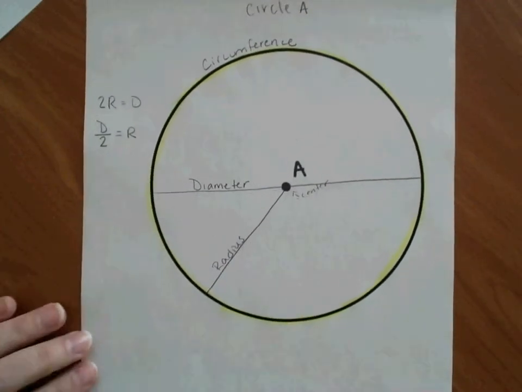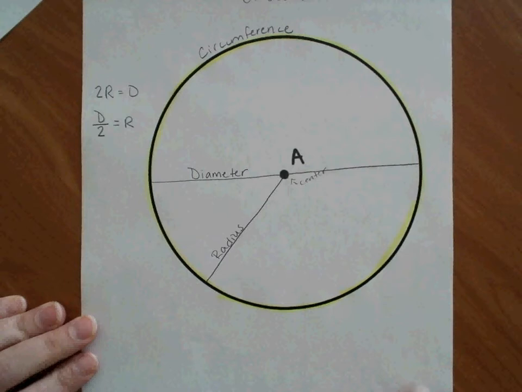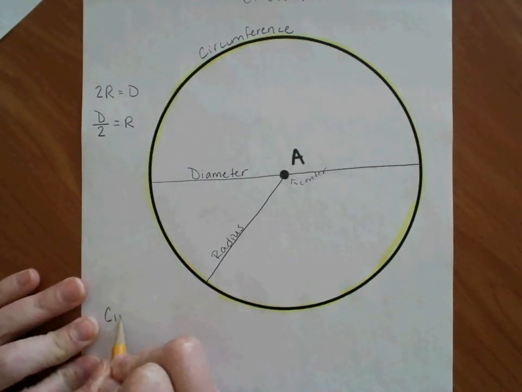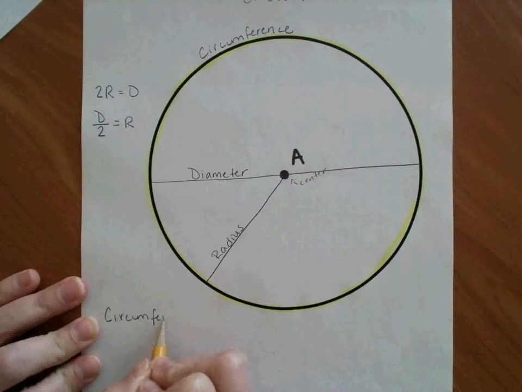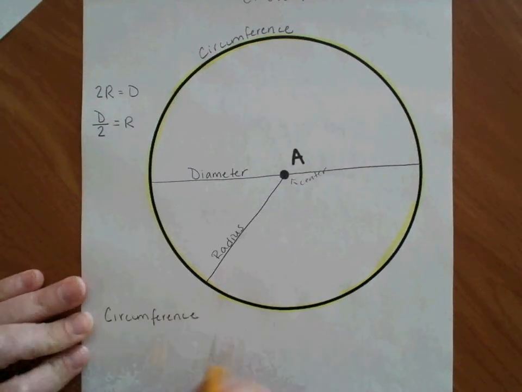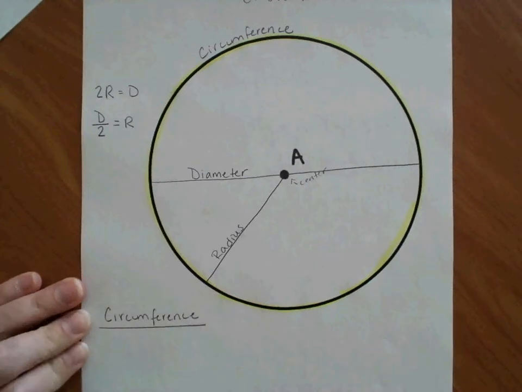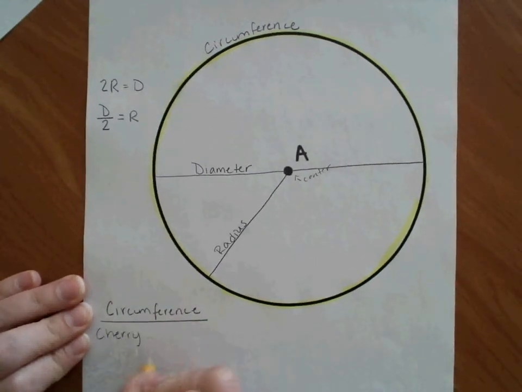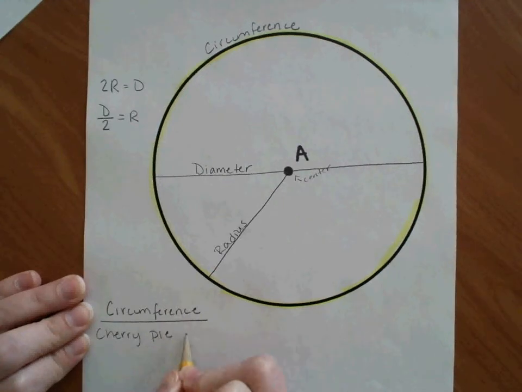The circumference formula can be written one of two ways. I like to use the words to help me: cherry pie delicious.